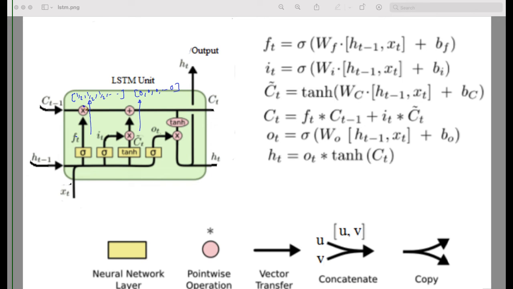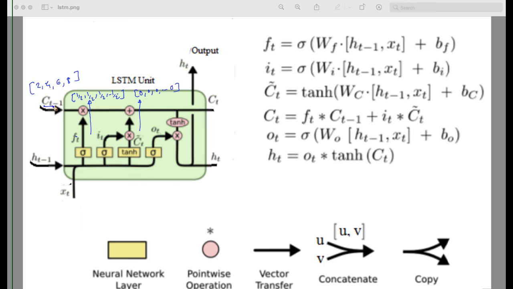What will happen in this case? Whatever CT we had here, let's say it was 2, 4, 6, 8, four values in this vector, and four values in this vector.